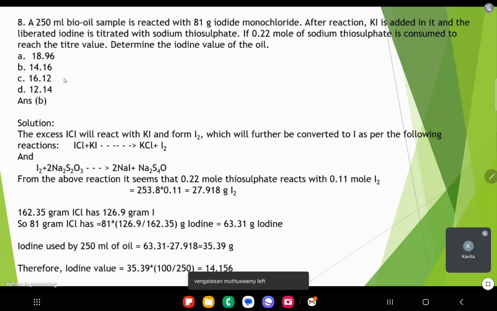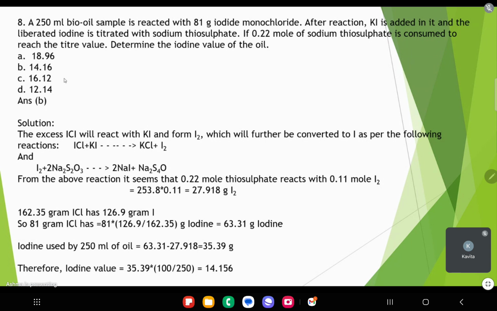So iodine value is found for 100 ml of the oil. For 250 ml, iodine consumed is this much. So for 100 ml, we will find out as 35.39 into 100 by 250. That will be 14.156. So the correct iodine value of the oil is 14.16. So option B is correct.